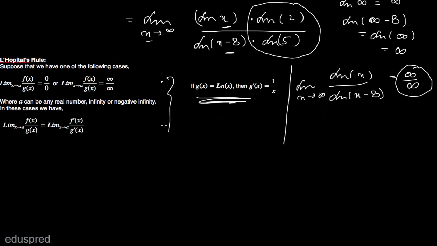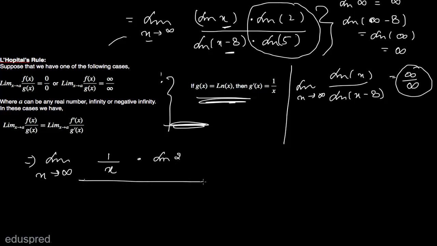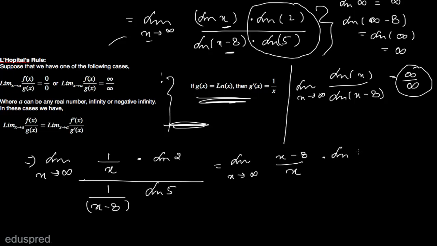Now using these two rules, our expression becomes limit x tends to infinity (1 divided by x into ln 2) whole divided by (1 divided by (x minus 8) into ln 5). This is equal to limit x tends to infinity (x minus 8) divided by x into ln 2 divided by ln 5.